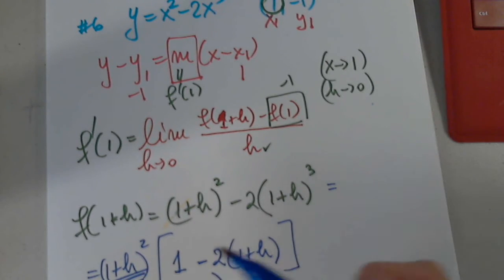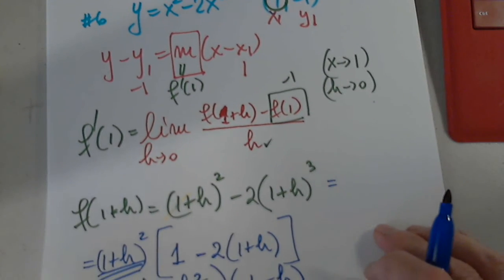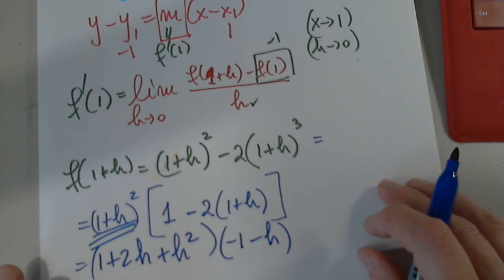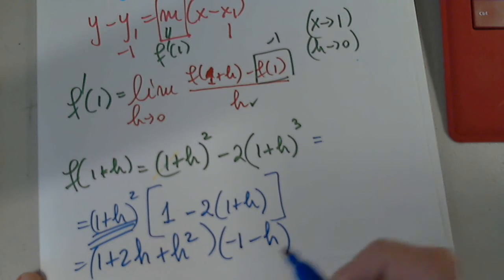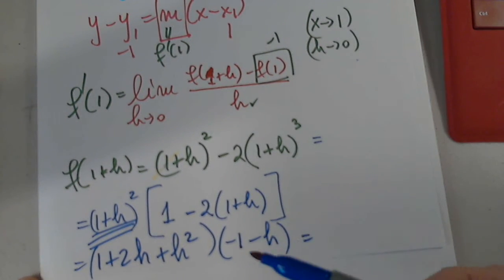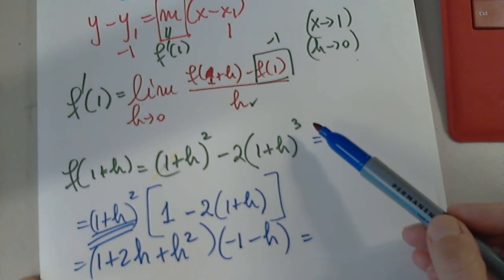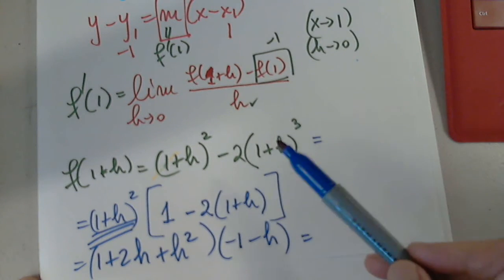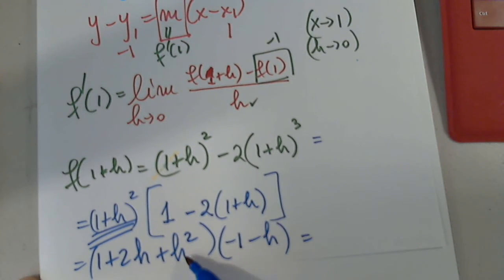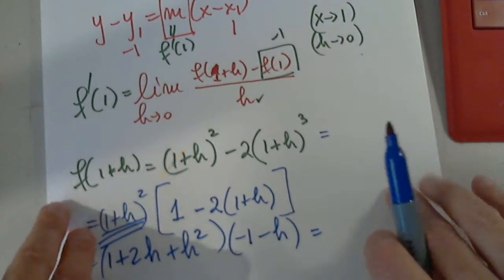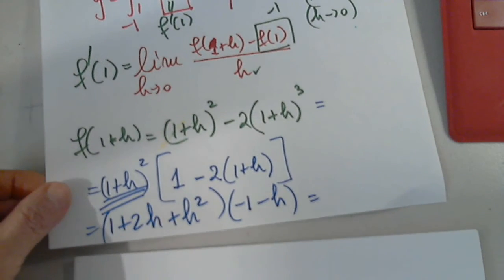And here I have 1 minus 2 minus h. 1 minus 2 is negative 1 minus h. And this is much better now. It's easier to distribute than raise 1 plus h to the 3rd power, which will have 4 terms. So now I can distribute negative 1 to all these 3 terms and negative h to all these 3 terms. And let's see what we get.